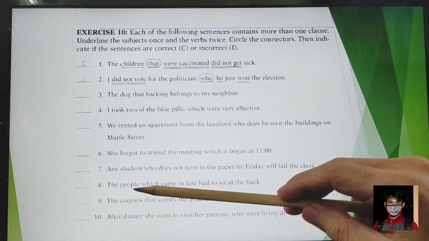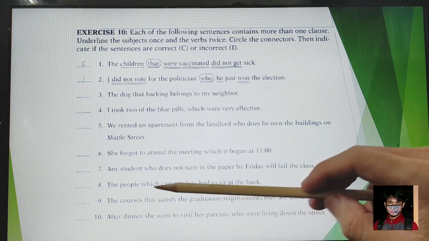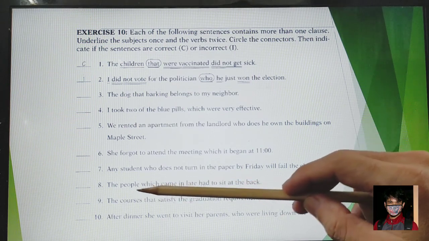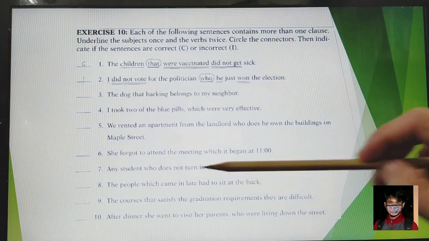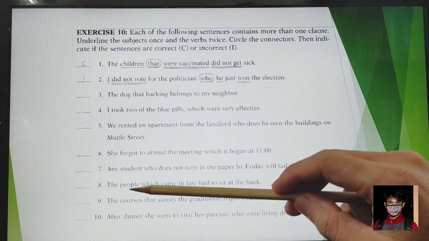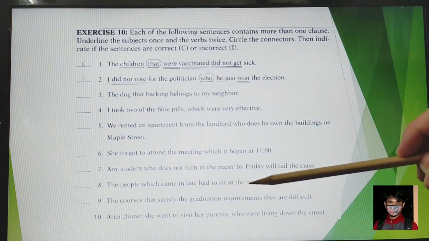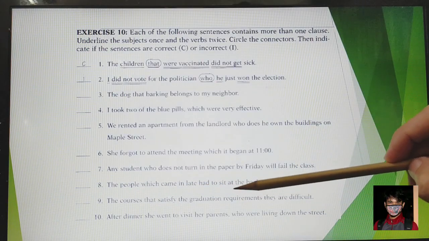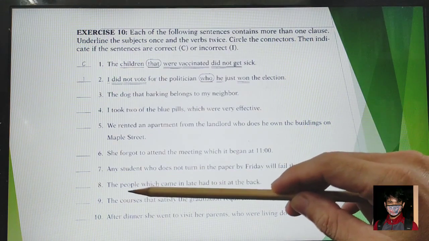It should be who or that. The people who came in late had to sit at the back, or the people that came in late had to sit at the back. That's the point, because the incorrect connector should be who or that, because of the people.